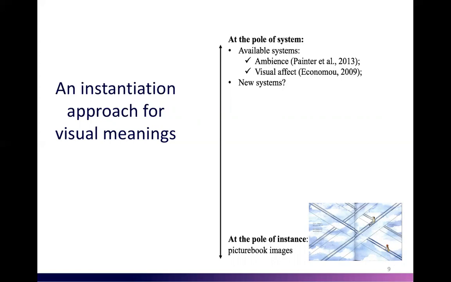In other words, first I apply what has already been developed, and look at whether it is applicable for describing the current two picture books. I also look at this data to see what new systems can be developed and what revisions can be made to the currently available system choices.